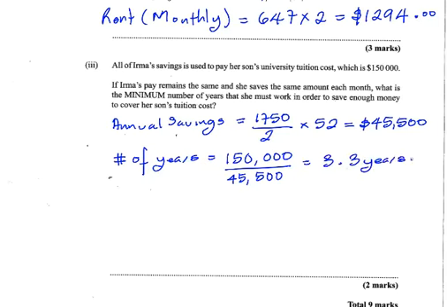So Irma would have to work 3.3 years in order to pay her son's tuition.